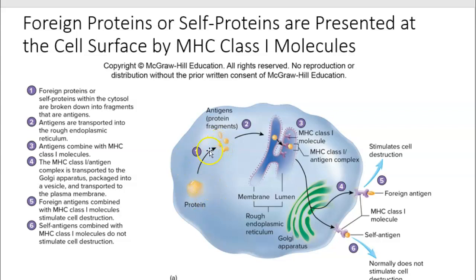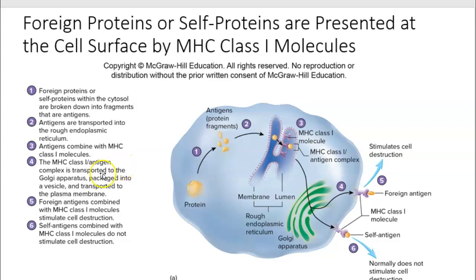You'll notice that the cell will chop up the protein into fragments to produce antigens. They get transported to the rough endoplasmic reticulum of the cell. From there, the antigens combine with MHC class 1 molecules. See that little groove I'm talking about in these molecules? So we create this complex where there's an MHC class 1 molecule and a protein on the surface. That's that double protein thing I'm talking about.